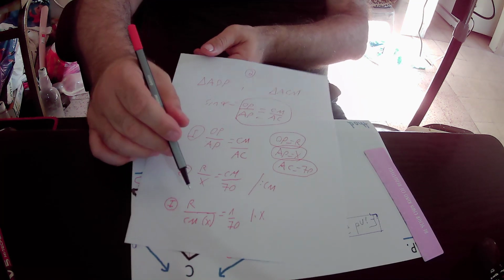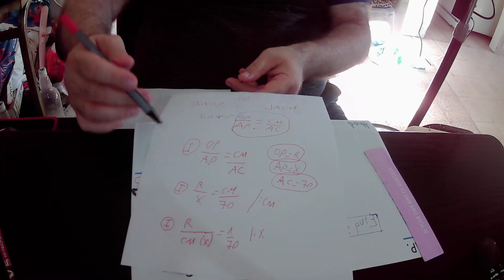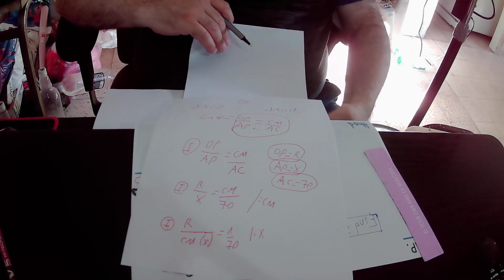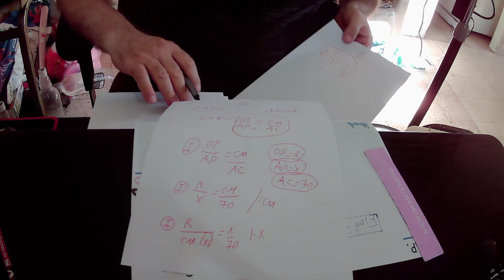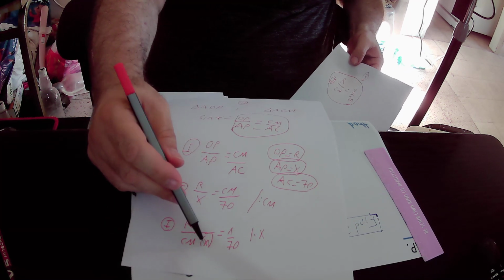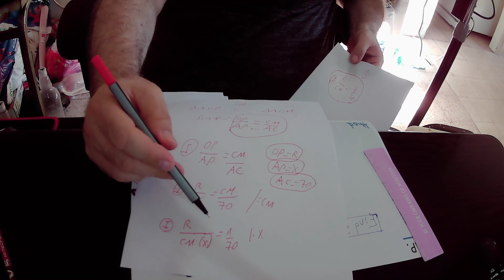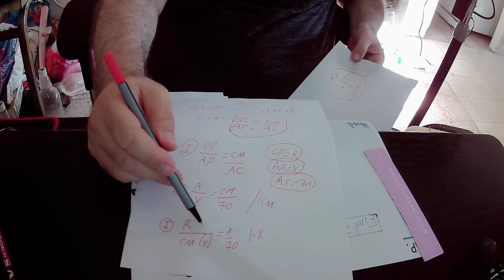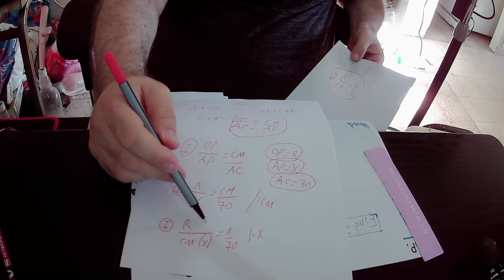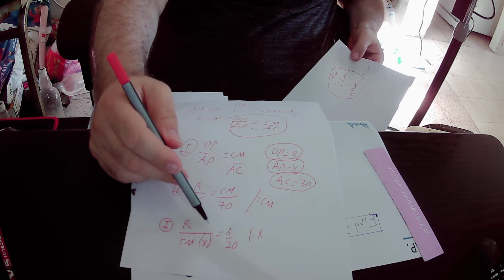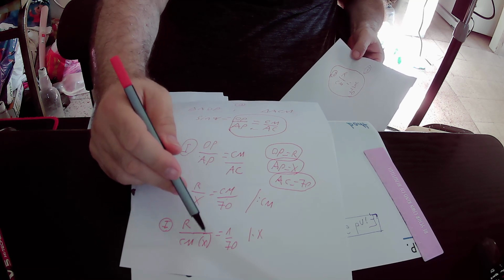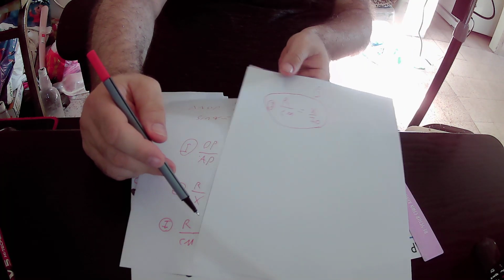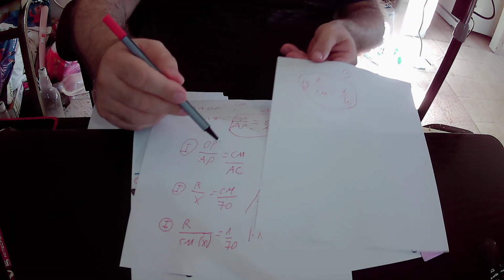Okay, here we multiplied both sides of the equation by X. So we got that X divided by X, or when we multiply this side by X, we will get here X divided by X, and X divided by X equals 1.